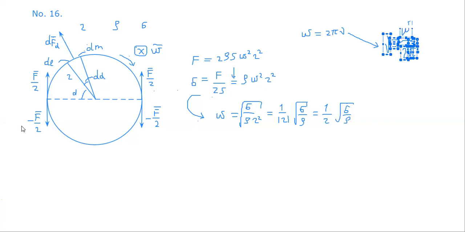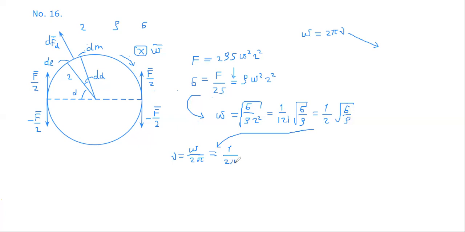And we can remember that frequency is equal to omega divided by 2 pi, and it will be 1 divided by 2 pi r, times the square root of sigma divided by rho.